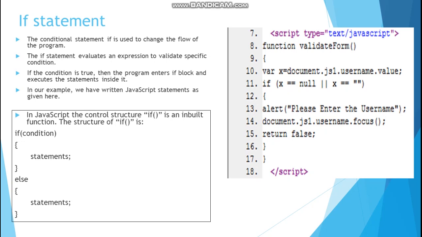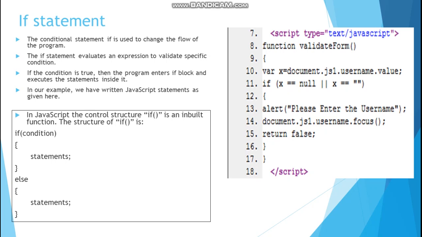But remember, this is a control structure. It means out of these two statements only one statement will get executed at a time. So if this condition becomes true, then it will execute the statements given after the curly bracket. And if the condition becomes false, then it will execute the else part given here.